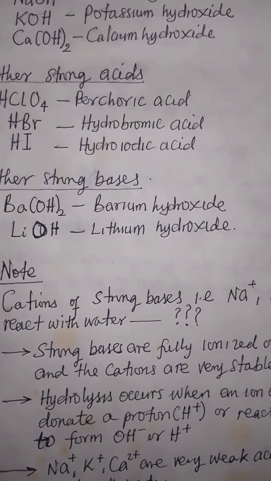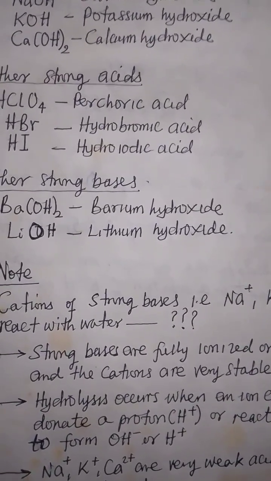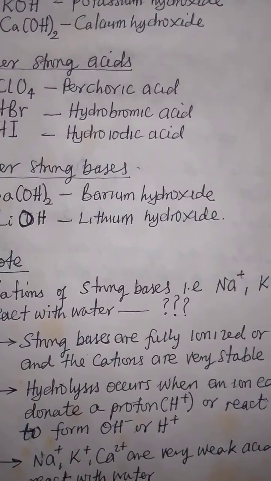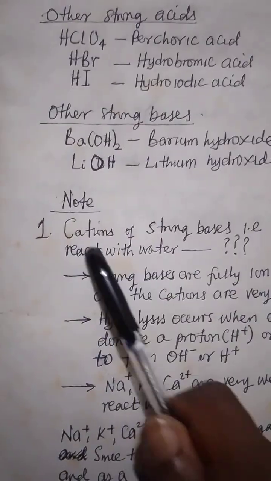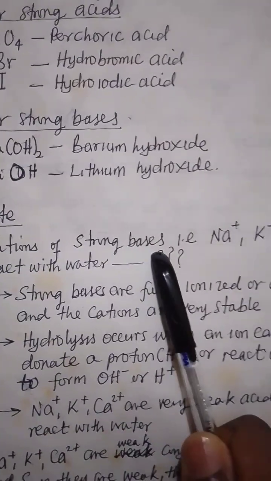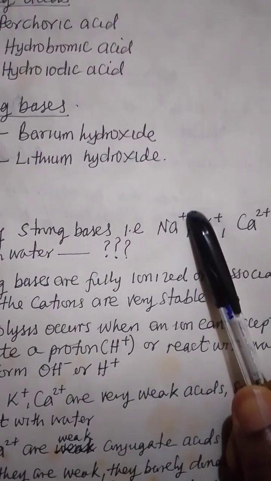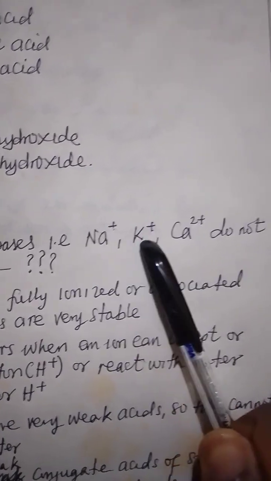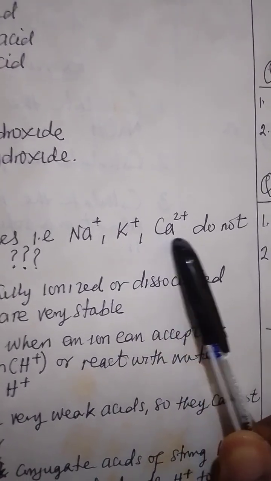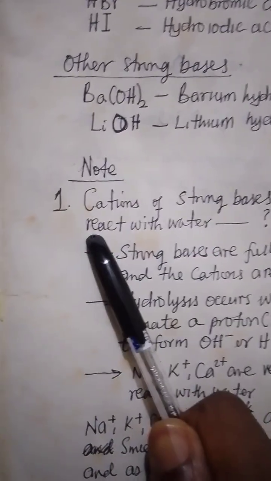Remember we said hydrolysis of salt has to do with ions reacting with water. So I want you to note this. Number one, cations of strong bases, that is Na+, K+, Ca2+, as sodium ion, potassium ion, calcium ion, do not react with water.